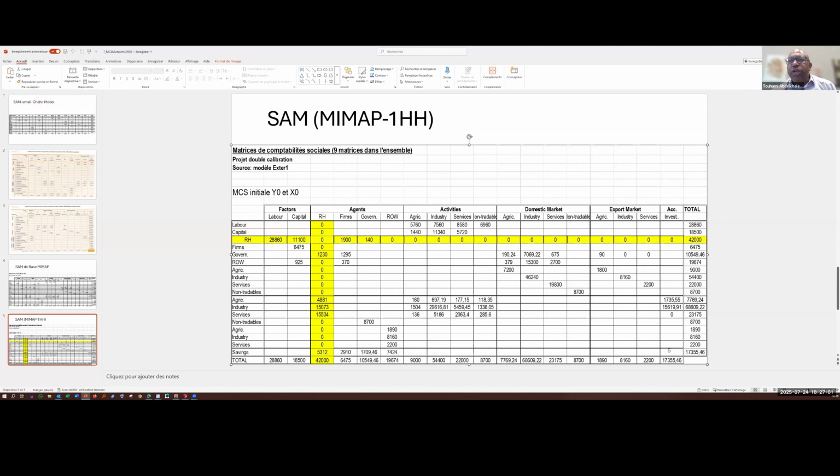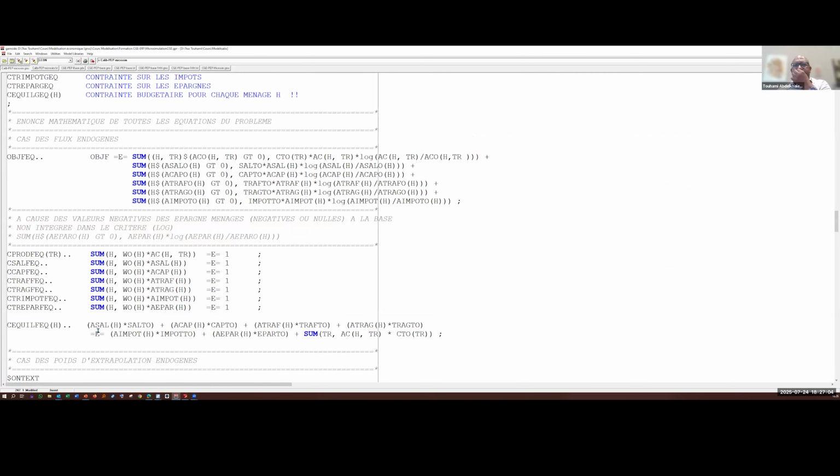And the condition is like this. The value of each household on salaries, capital, firm transfer, government, must be equal to the import part of the household, the saving part of the household, and his consumption. If you look at that, this is the budget constraint for each household.